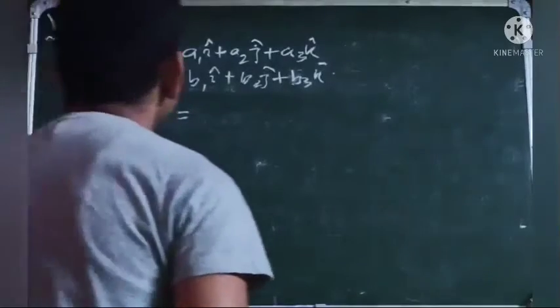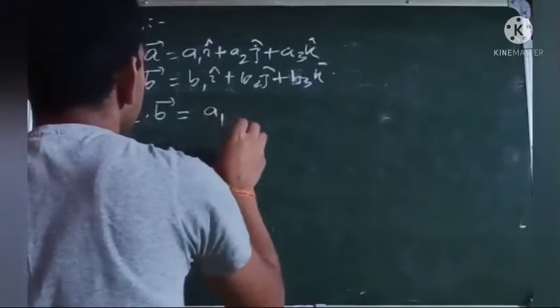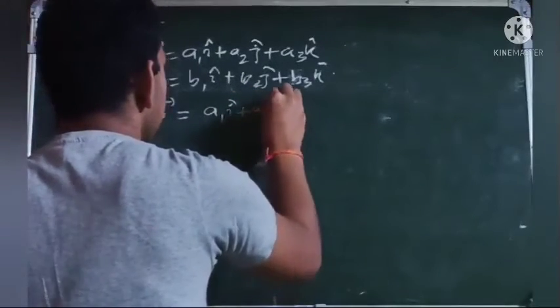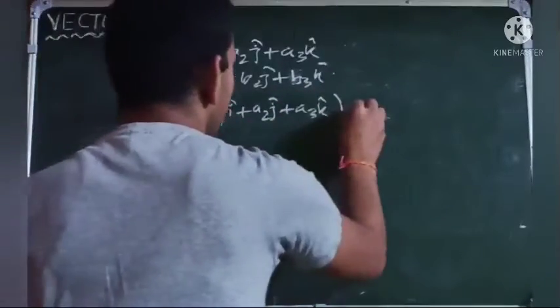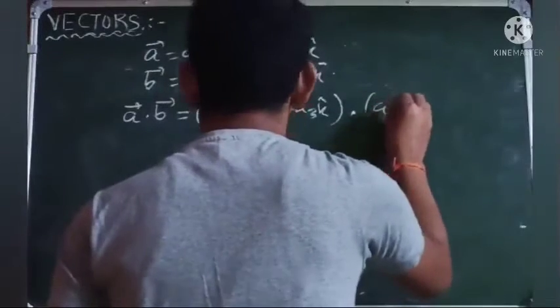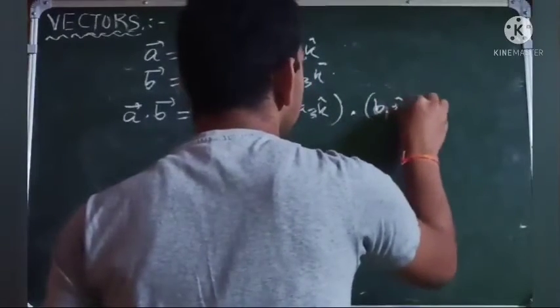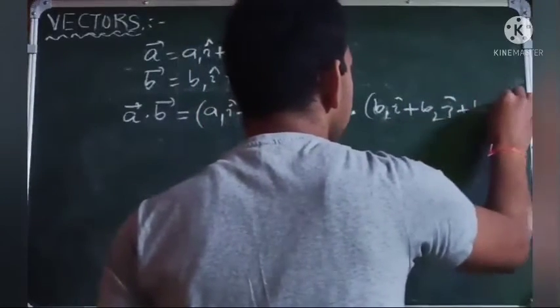Then we have a1 i cap plus a2 j cap plus a3 k cap dot b1 i cap plus b2 j cap plus b3 k cap.